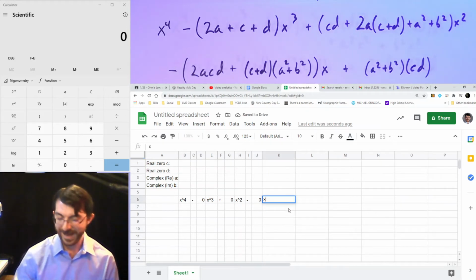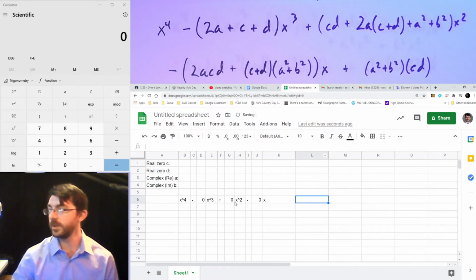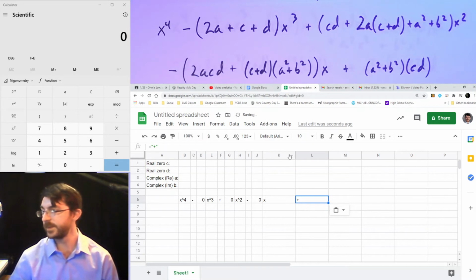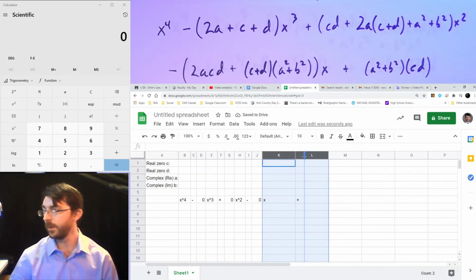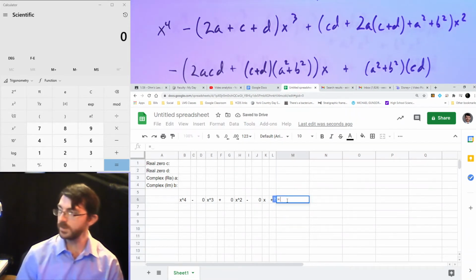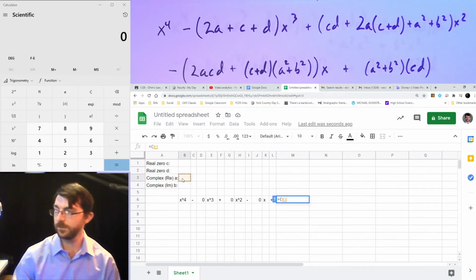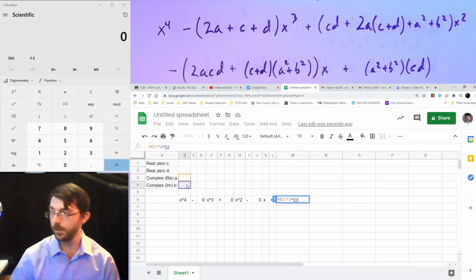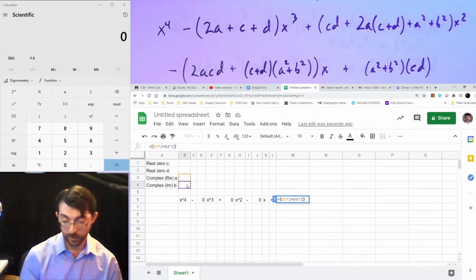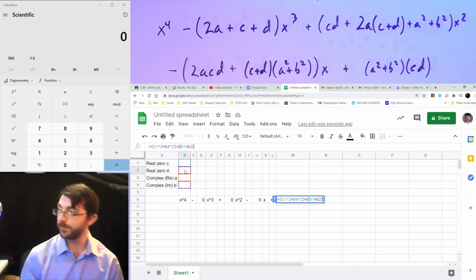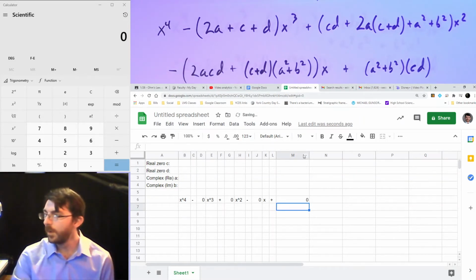Add to that x, and now I can just add the last constant term. That's equal to, in parentheses, A squared plus B squared times the product of C and D. Okay.